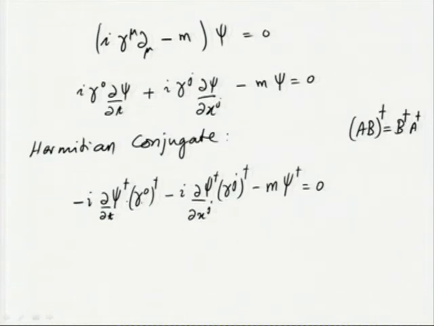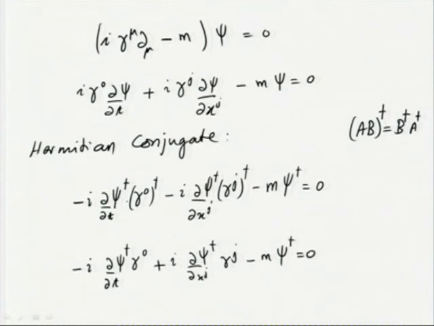We know what gamma 0 dagger is, it is gamma 0 itself. So, we have minus i dou by dou t psi dagger gamma 0, but gamma j dagger is minus gamma j. So, there is a change of sign there, it is plus i dou by dou x j psi dagger gamma j, minus m psi dagger, which is equal to 0.